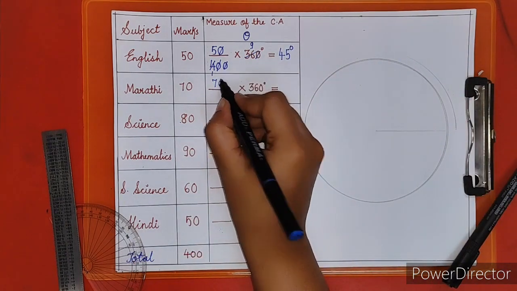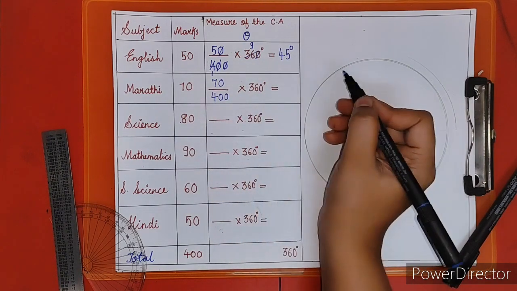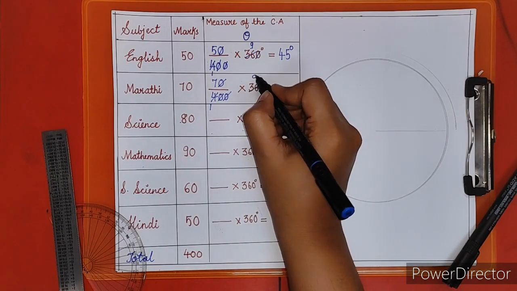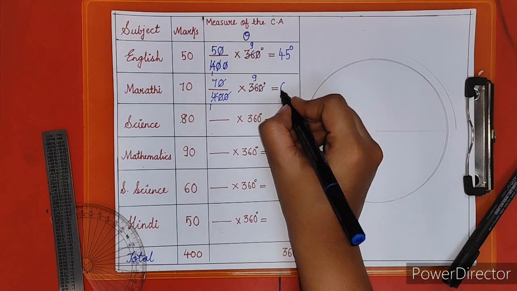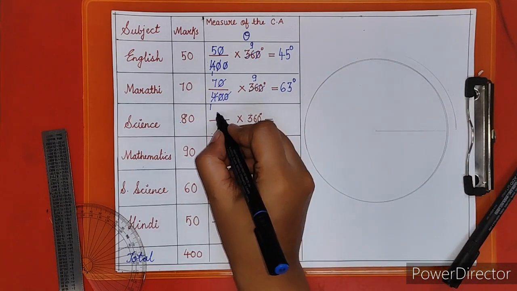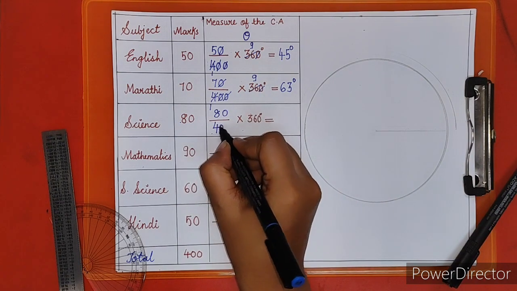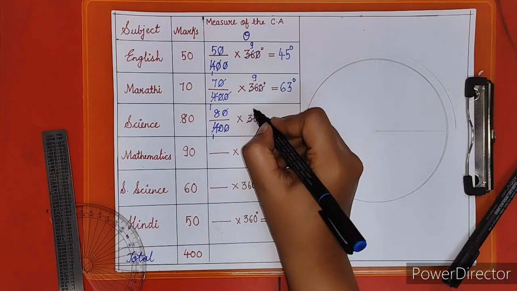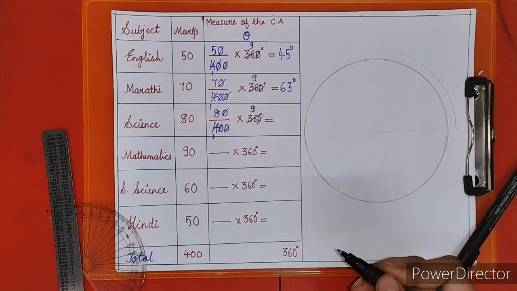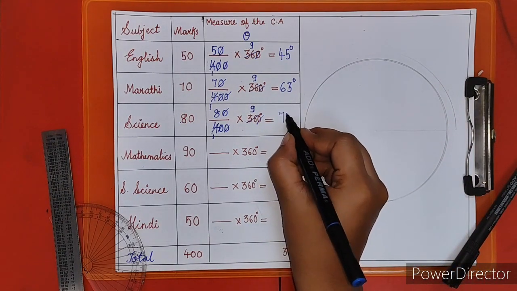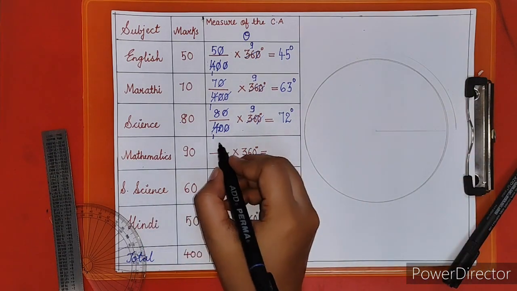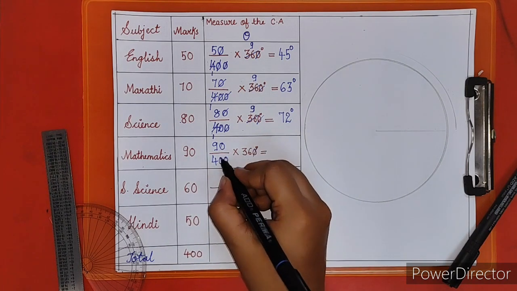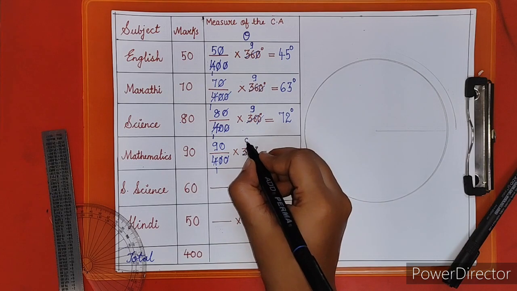Coming to the next, 70 upon 400 multiplied by 360 degree, we will cancel all the 0s, 4 ones are 4, again 4 nines are 36, 7 nines are 63 degree. 80 upon total marks into 360 degree, 4 ones are 4 and 4 nines are 36. So here 8 nines are 72 degree.